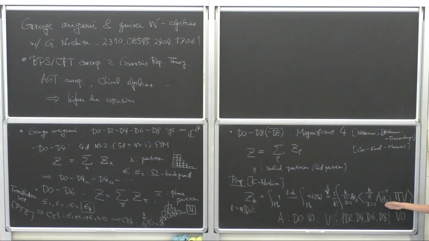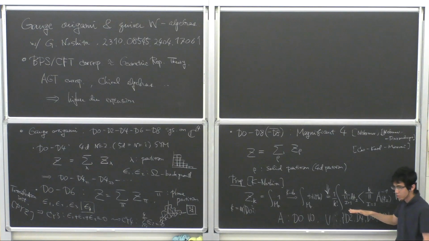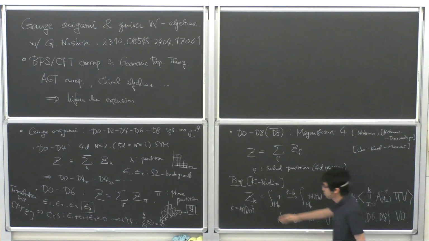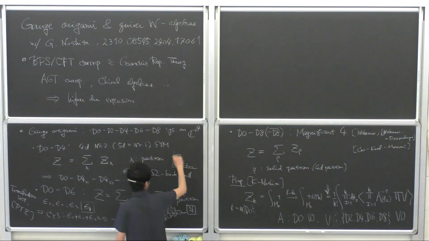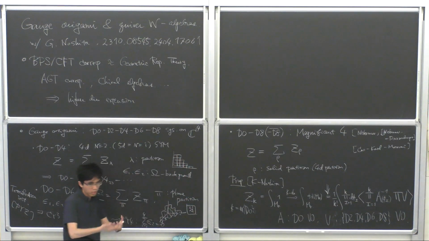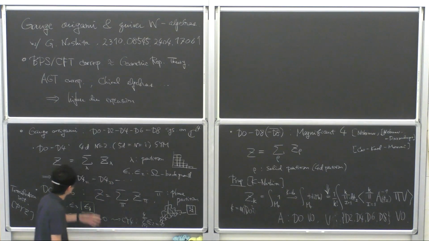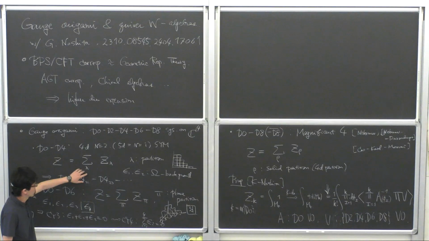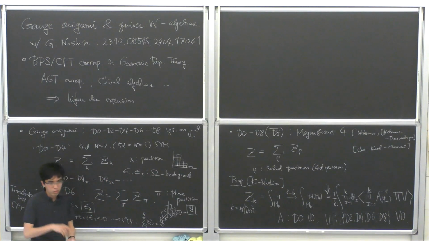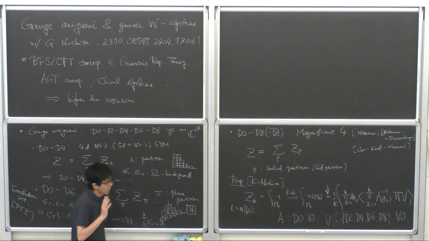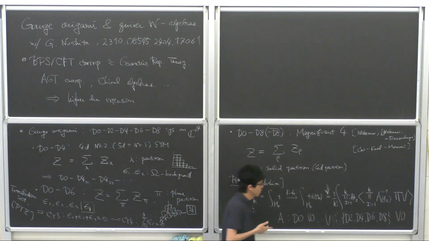Now we have, for example, the integral over phi. Physically, we are thinking of the dynamics of this D0 brane system, in the sense that each box roughly characterizes the position of the D0 branes. We should think about the summation over all these configurations, which means taking into account all possible configurations of D0 branes. That is more or less a path integral over the D0 brane degrees of freedom.